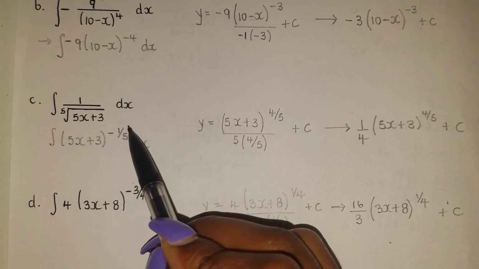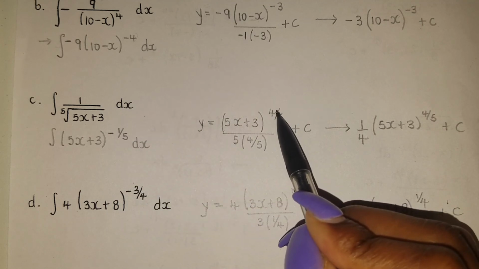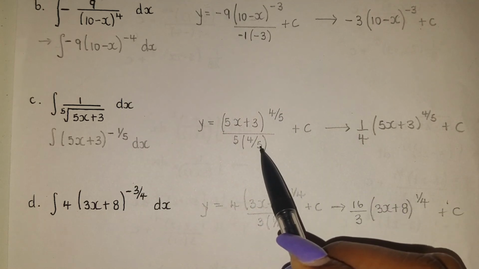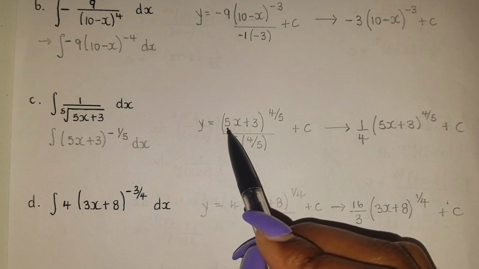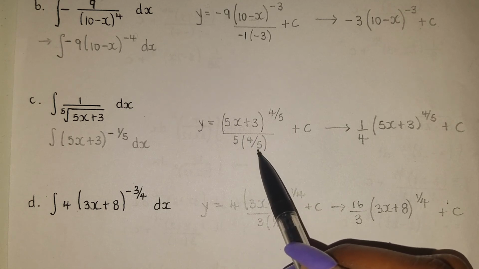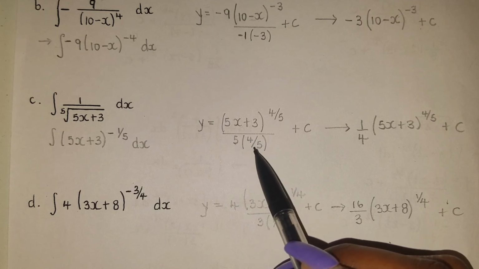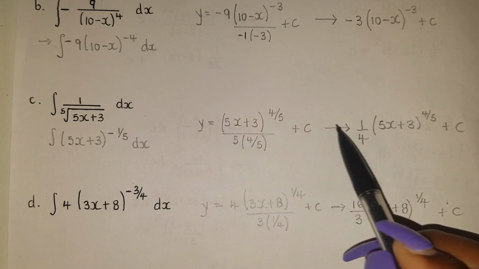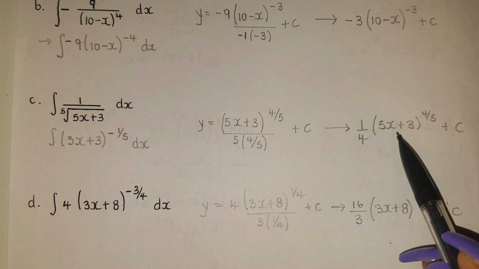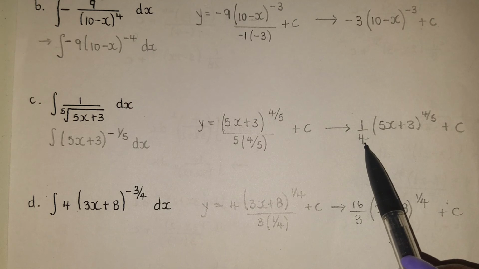So when we add 1 to negative 1 over 5, we get 4 over 5, and we divide by that 4 over 5, which gets multiplied by the coefficient of x. In this case, it's the 5. Now 5 times 4 over 5 is 20 over 5, or 4. So it can be left as 4 below or brought up as 1 over 4, as you see here.